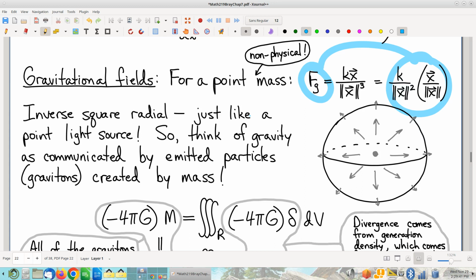And so that being the case, now we come into this thinking of this as being gravity, and it's about forces and stuff, right? But because it's structurally just the same as a flow of particles coming out of a point source, physicists like to think about gravity as literally being a flow of emitted particles. And they use the term graviton.